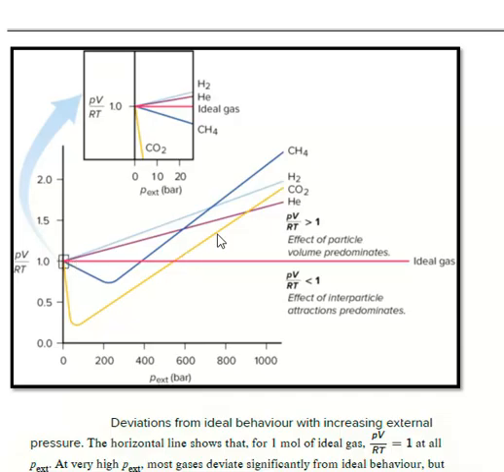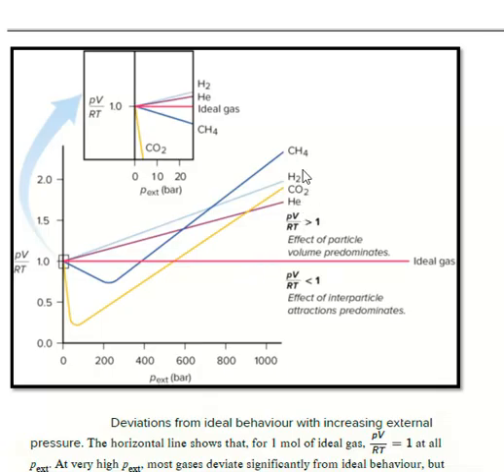For carbon dioxide or methane gas, when pressure increases from low to moderate, first of all the compressibility factor decreases. When pressure increases further, the compressibility factor increases and becomes greater than 1, predominantly for carbon dioxide and methane gases.